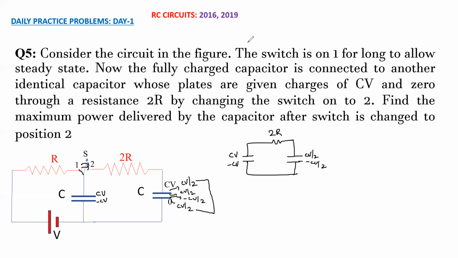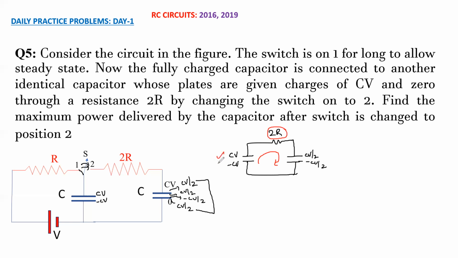Now, as you know, over time, current flows from one capacitor to the other. So charge on the first one will decrease, the second one will increase, and at steady state, the voltage across each capacitor will be the same. And so it is evident that even the current through the resistance 2R will decrease over time.